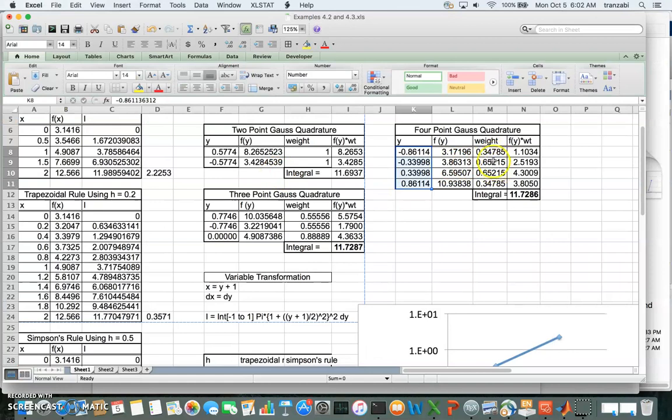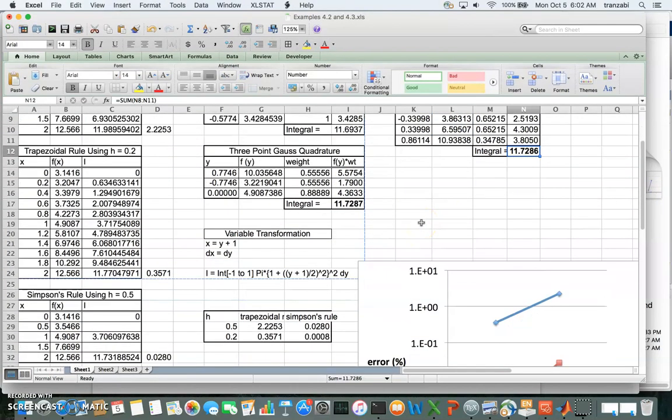And the weights are here, 65 and 34. You evaluate the f again. That's the new f in terms of y, because y is between -1 and 1. And we evaluate f times the weight. You sum them up. And that's what you get.